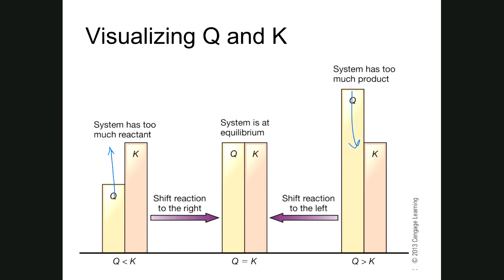Once they're equal to each other, there isn't going to be a shift because we've already reached equilibrium, and we know the equilibrium is going to be constant.